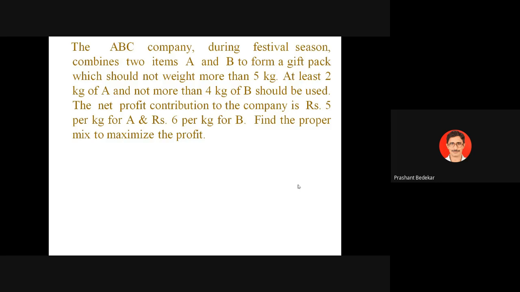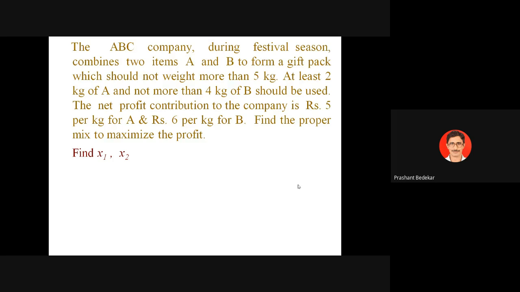When a company is giving a gift, it doesn't mean that the company is actually paying from its own pocket. No, it is paying from the customer's pocket only. But it is a way to improve the sales. So the company is planning to give a gift packet. Let's formulate this problem. We'll proceed a little bit fast.